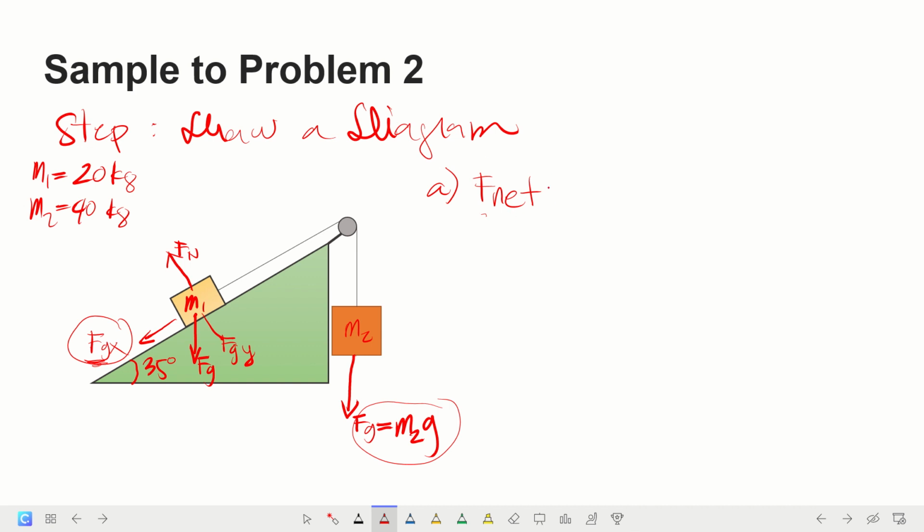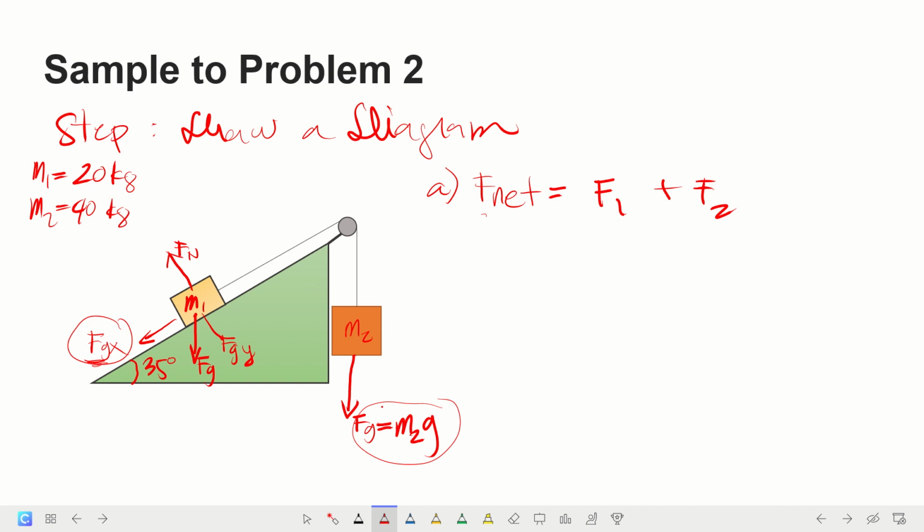So we know that the net force is the sum of the forces. So if we have two forces, force number 1 plus force number 2. So now we know whether we need to add or we need to subtract. So these masses have different values. The first one, mass 1, is 20 kilograms and mass 2 is 40 kilograms.